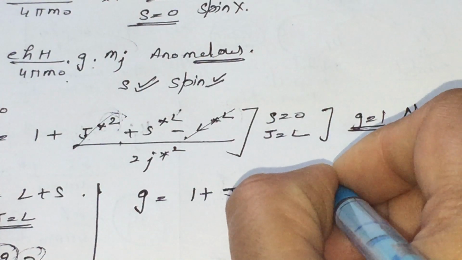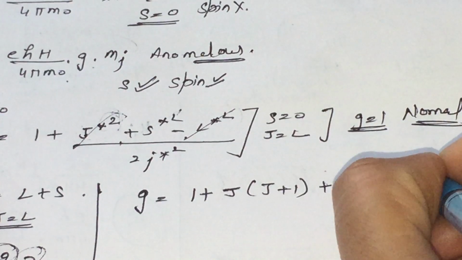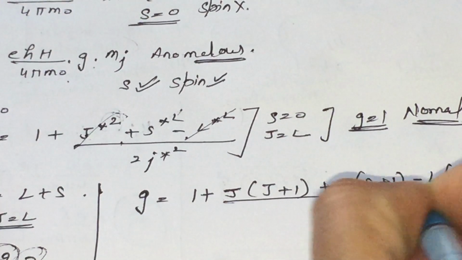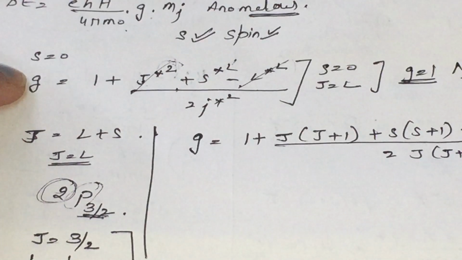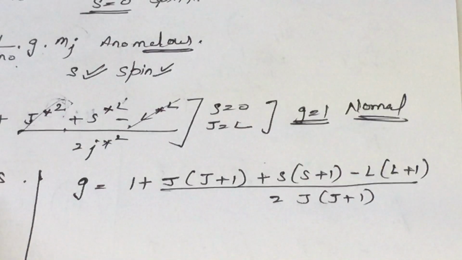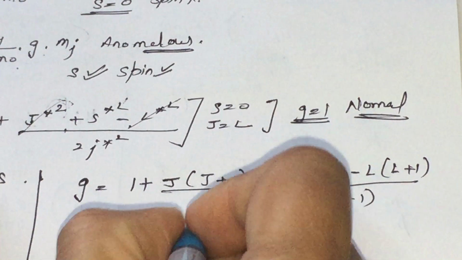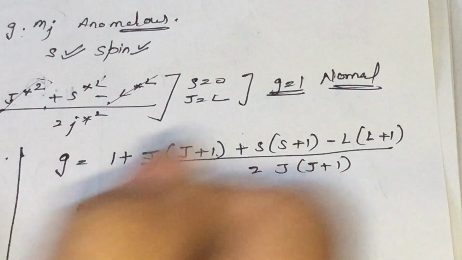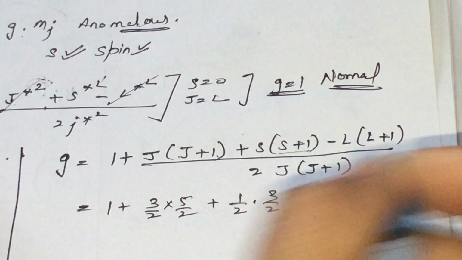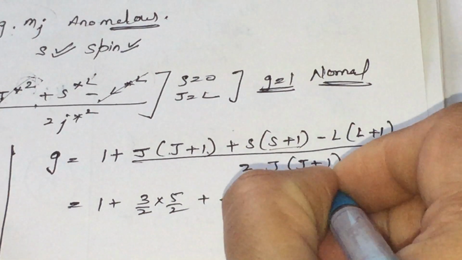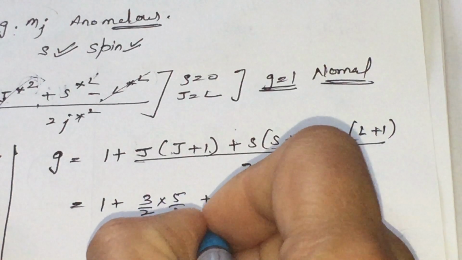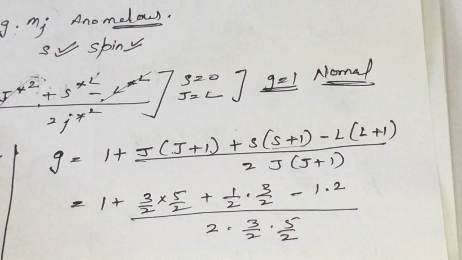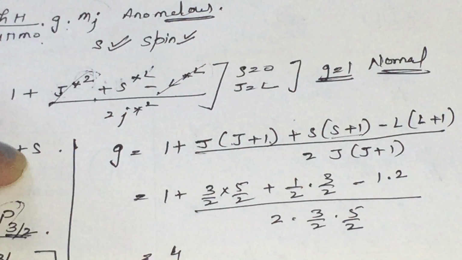Similarly, I will have S into S plus 1 minus L into L plus 1 divided by 2J into J plus 1, and in our case we know the value of J is equal to 3/2, and if we put this value we will have 3/2 into 5/2, that is J plus 1, and in our case the value of S is half, and this term will become 3/2, and here for P, L is equal to 1, and here I will have this expression 2 into 3/2 into 5/2, and on solving all these factors you will get 4/3.